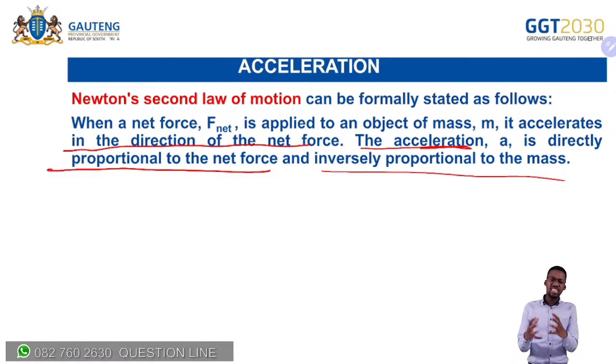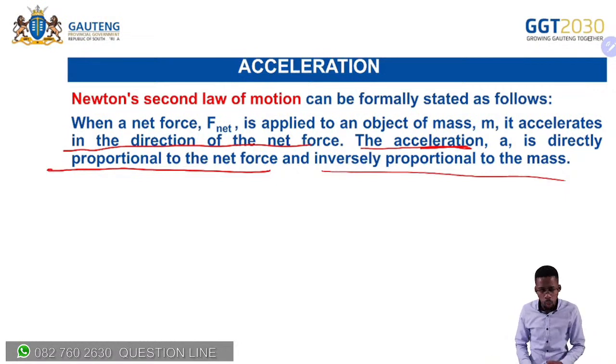So acceleration is a dependent variable. It depends on the net force. When you exert more force, that object will have a greater acceleration. That's why we say acceleration is directly proportional, we cannot say net force. We must say acceleration, because acceleration depends on the net force. Acceleration is directly proportional to the net force and inversely proportional to the mass of the object.